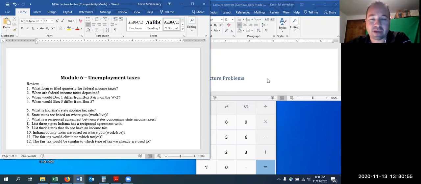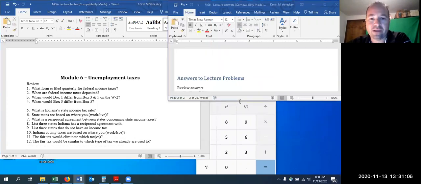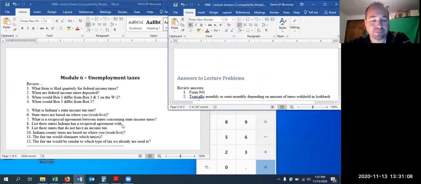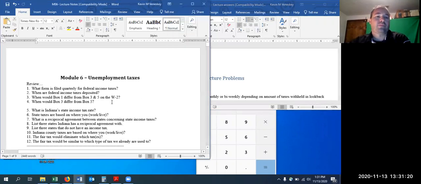Well, they're deposited right along with the FICA taxes, and they are deposited based on your look back period. And remember, that's either monthly or bi-weekly. Take this out, not semi-monthly, but bi-weekly. So they're filed either monthly or every 2 weeks.